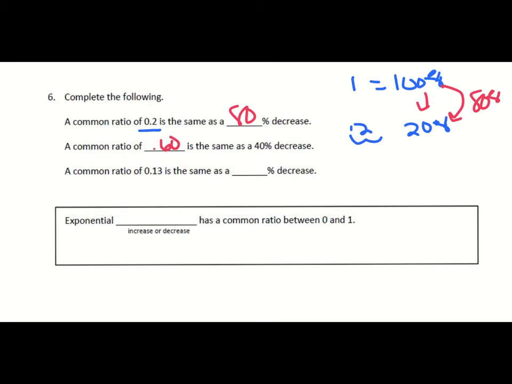And a common ratio of 0.13 means that you've gone down 87%. Keep in mind these two are not the same except for 50%. These numbers should add up to 100%. So your exponential decrease has a common ratio between 0 and 1.